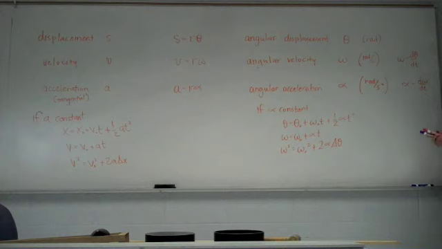Or if we knew the angular acceleration, we could find the time it took to come to rest. Or we could find the angle it moves through totally as it came to rest. So we use them similarly to how we used the kinematic equations before. Now please keep in mind the angular acceleration must be constant for this to be true.